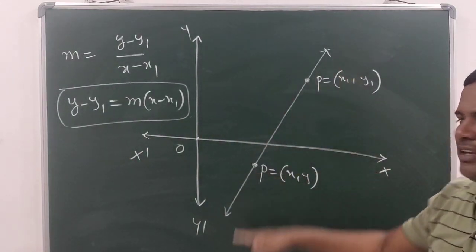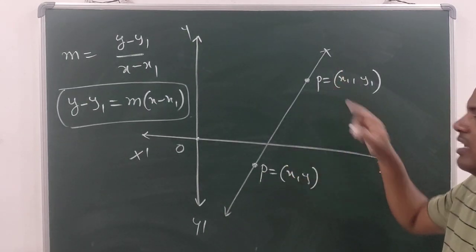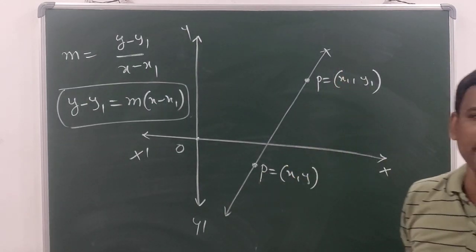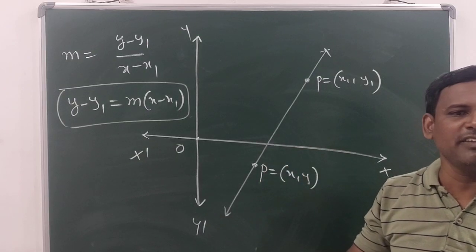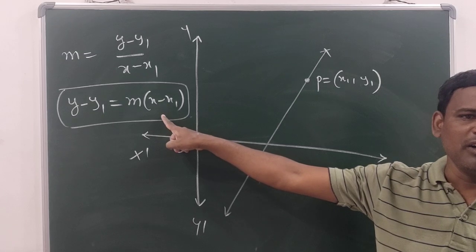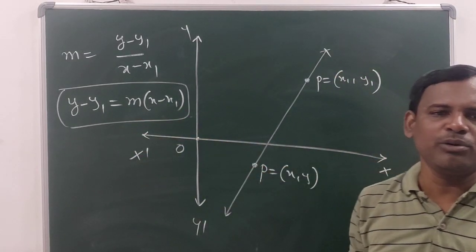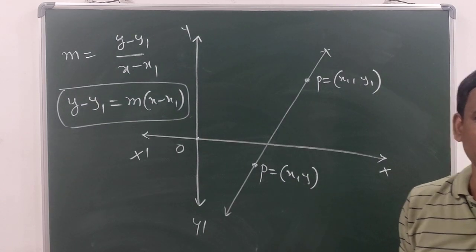When the slope of the line is given and one point on the line, called the fixed point, is given, in such a case you have to use this formula to find the equation of this line: y minus y1 equal to m into x minus x1.